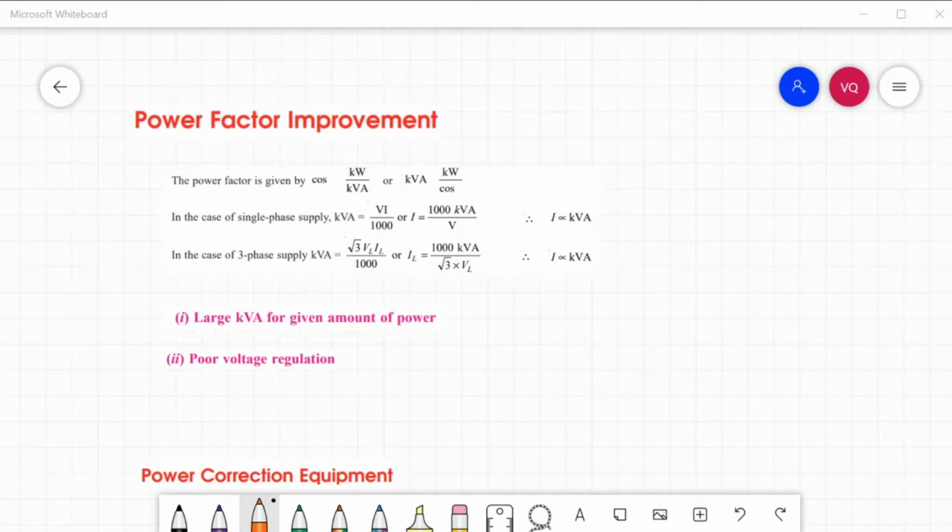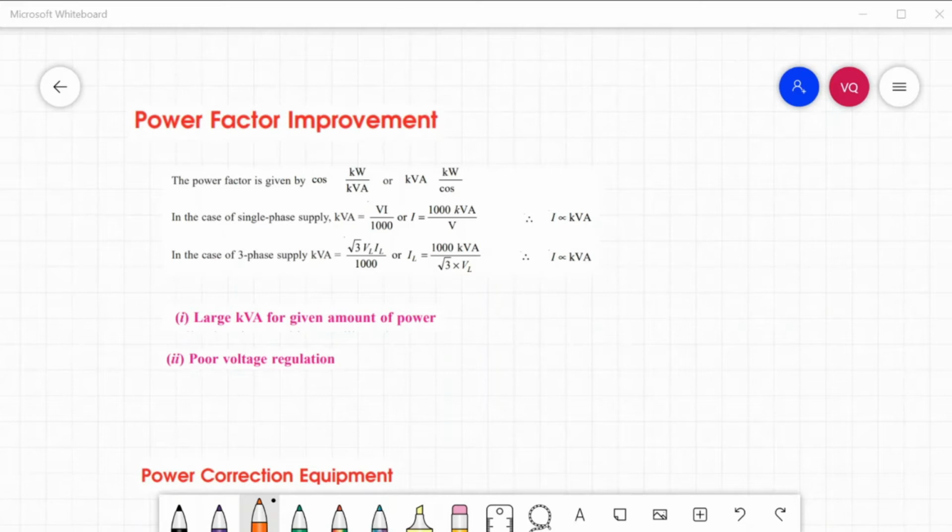The first one is large kVA for a given amount of power. All electric machinery like alternators, transformers, switchgears, and cables are limited in their current carrying capacity by the permissible temperature rise, which is proportional to I squared. Hence, they may all be fully loaded with respect to their rated kVA without delivering their full power.